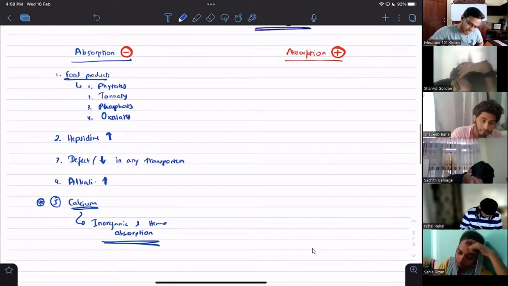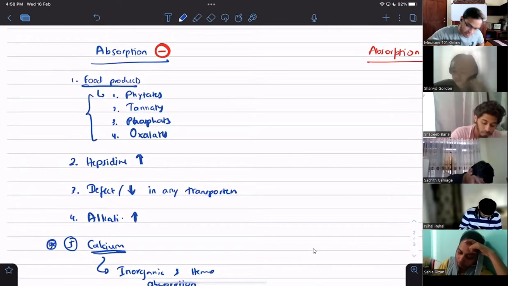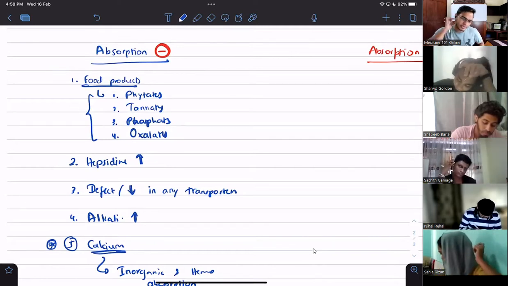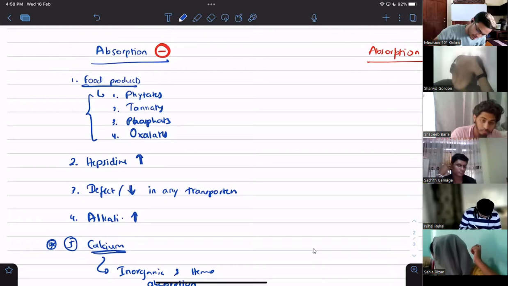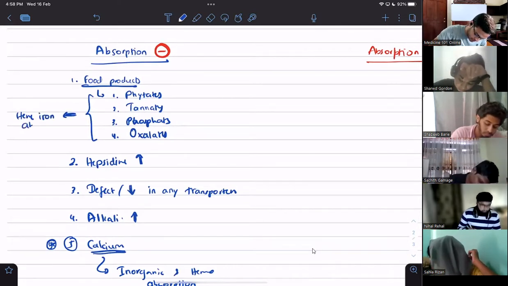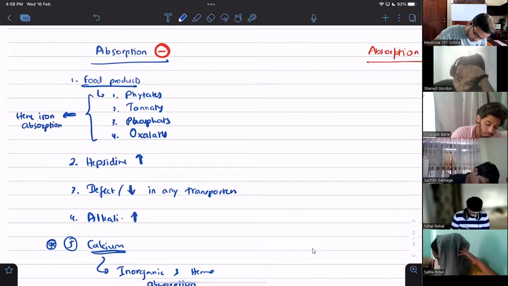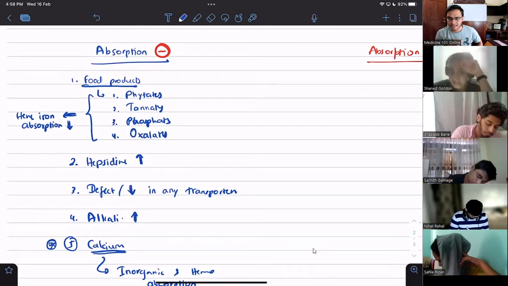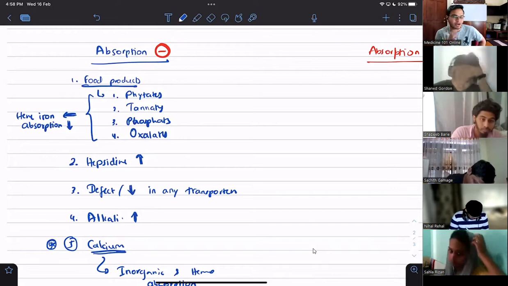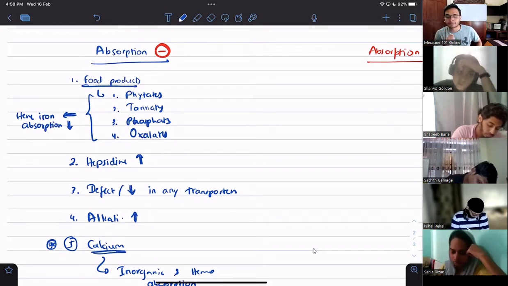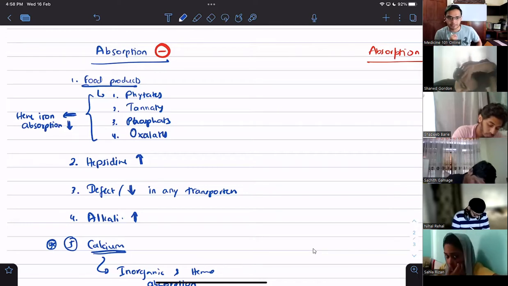Whereas these other food products, the phytates, tannates, phosphates, oxalates, majority cause heme iron absorption reduction. The inorganic, the plant-based one, is still not a big problem. It can be easily absorbed. I know it's only 1 to 2%, but it will be absorbed. The majority heme iron is stopped by these other food products.